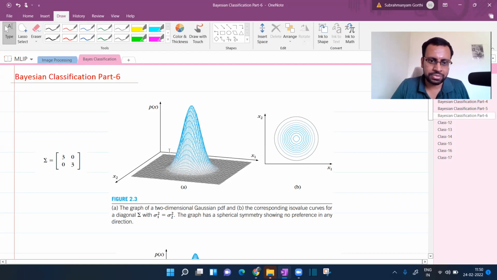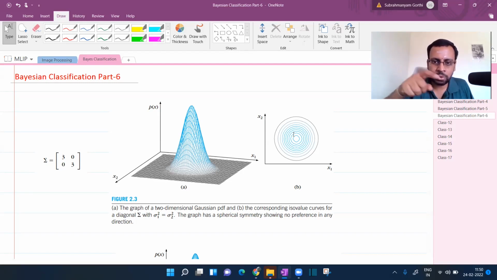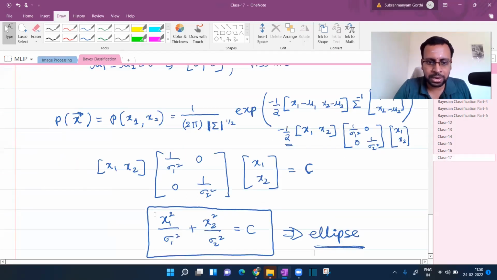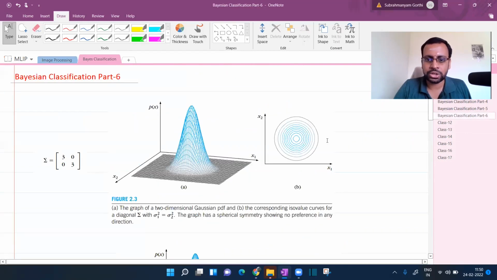Now, what is plotted on the right hand side in part B is the isocontours. You would see that at the center is 0, and if you take values of, let's say, 1, 2, 3, 4, 5, and so on, and plot them here, you get circles. Of course, when sigma 1 square and sigma 2 square are equal, this is the equation of a circle, so the isocontours are circles.